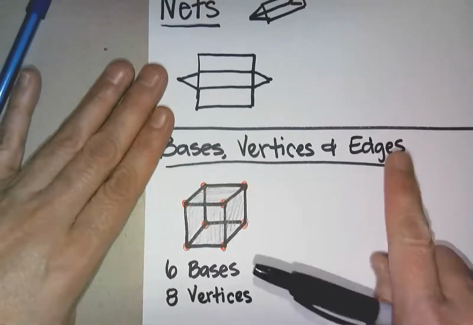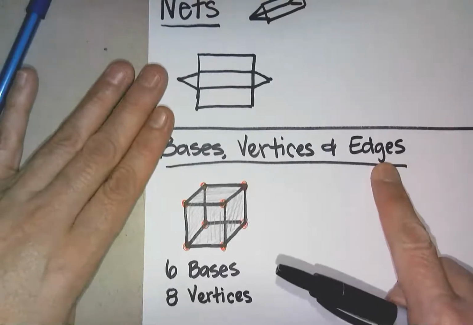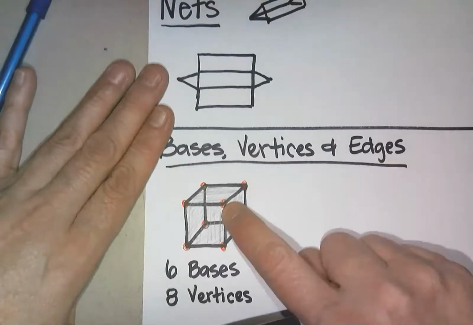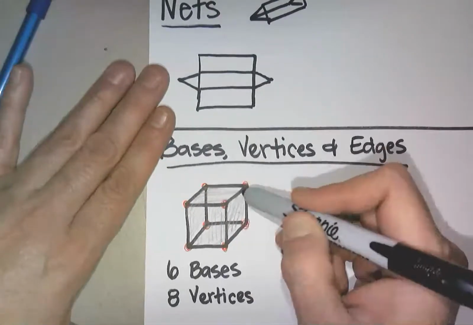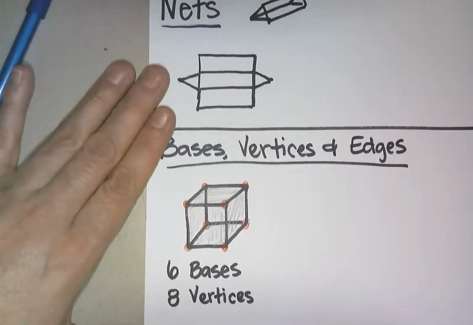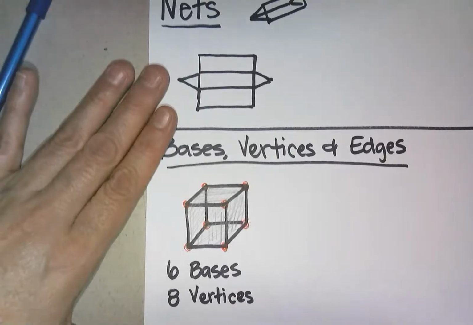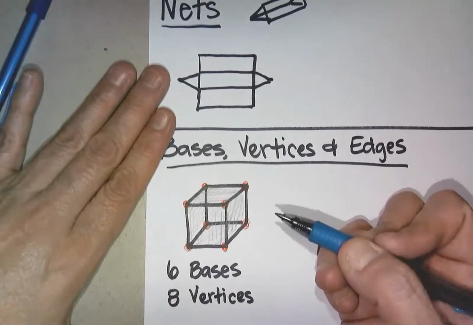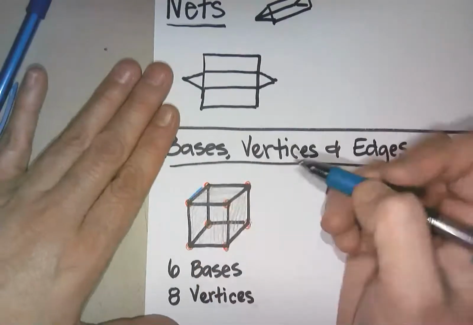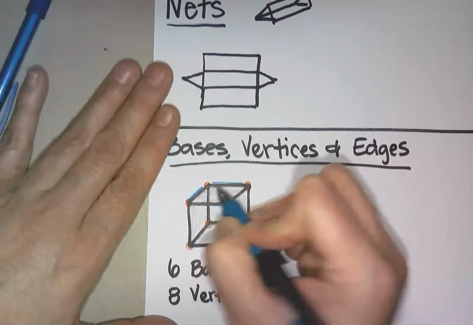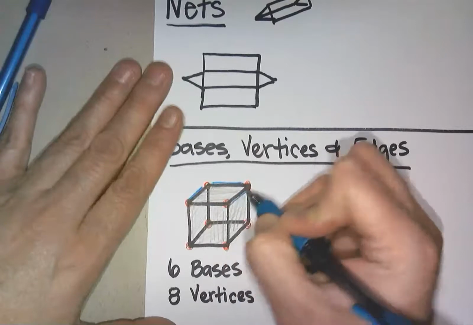And the last part are our edges. Edges are the lines that you see. Just pretend that if you were a little person standing up here, you wouldn't want to fall off the edge. So with that one, I'm going to take my blue color here so you can see it. I'm going to do the top here. There's 1, 2, 3, 4.